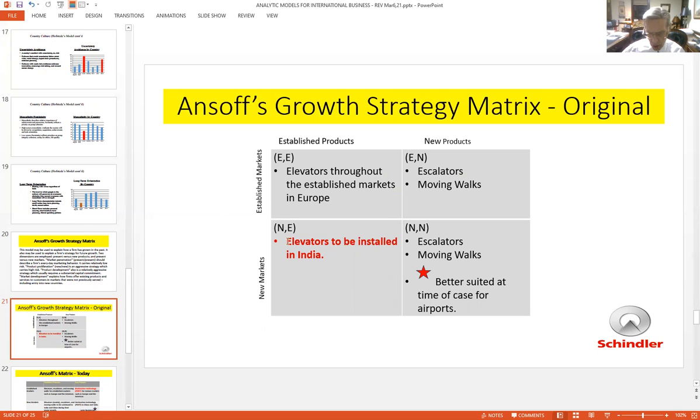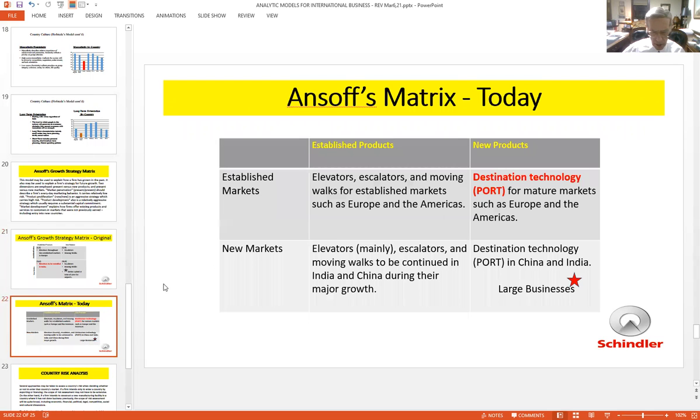The decision was to manufacture elevators and get them installed in India. This was the new move. After the case unfolded for a while, this was the way Schindler's portfolio or matrix of growth potentials looked.